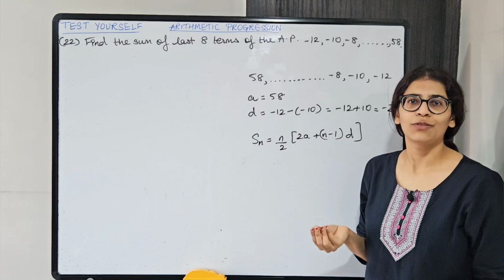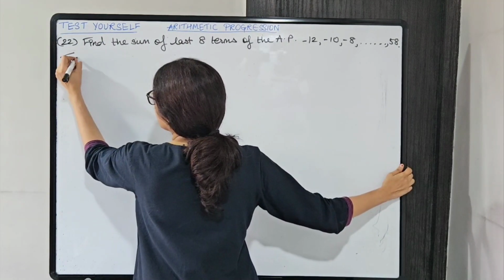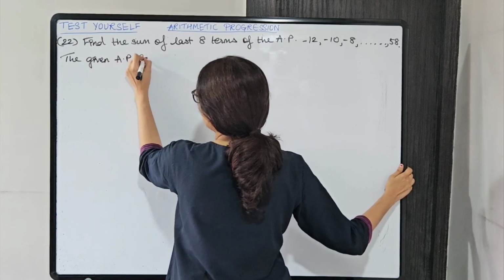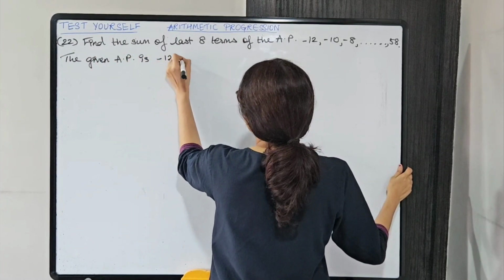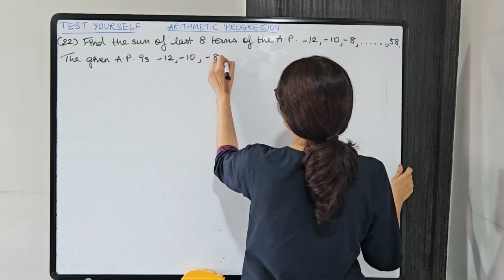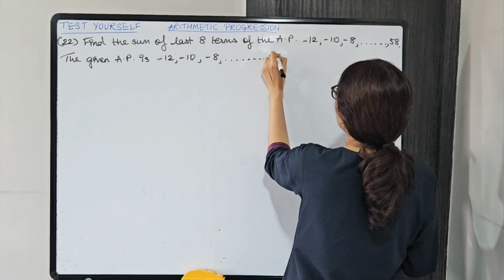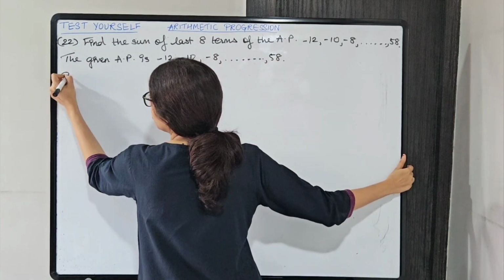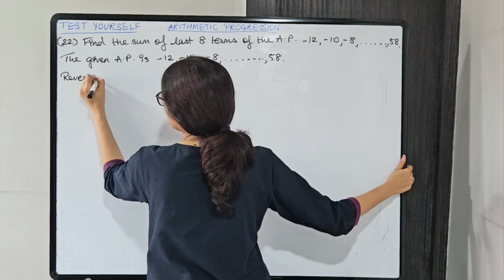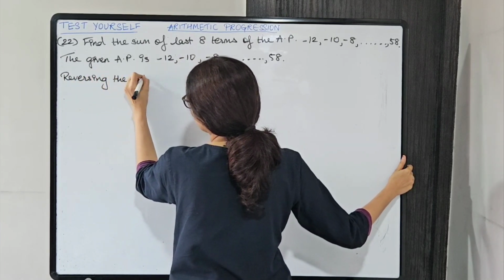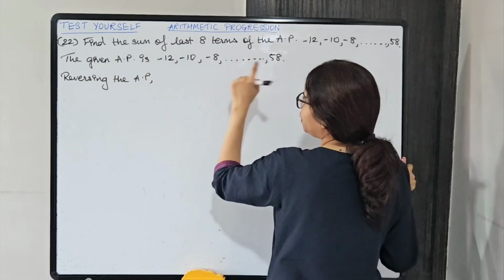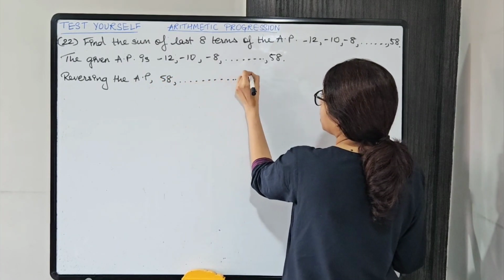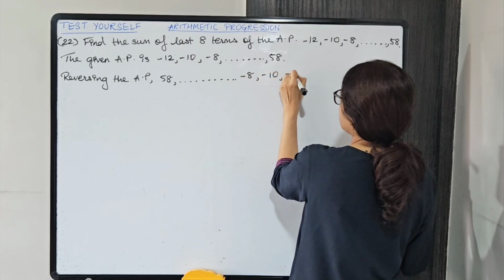Okay, so let us solve now with proper steps. Write down the given AP first. So the given AP is minus 12, minus 10, minus 8, and so on up to 58. Now reversing the AP, 58 first term हो जाएगा, then minus 8, then minus 10, and then minus 12.